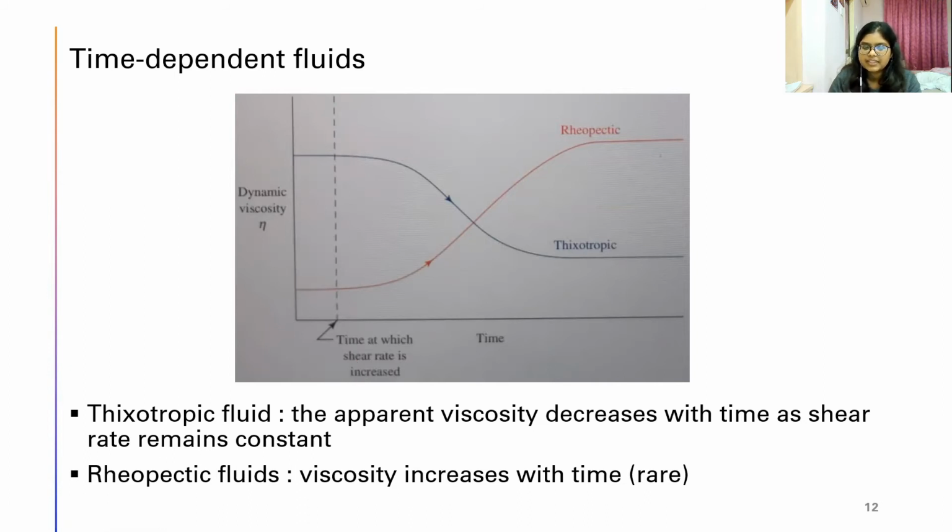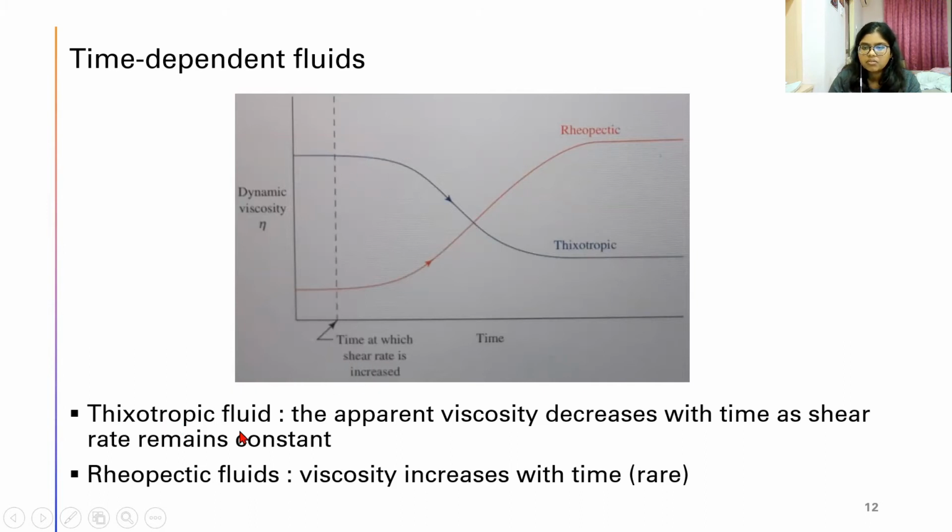For thixotropic fluid, the apparent viscosity decreases with time as shear rate remains constant. As you can see here, this is the thixotropic graph. This is the line at the time at which the shear rate is increased.